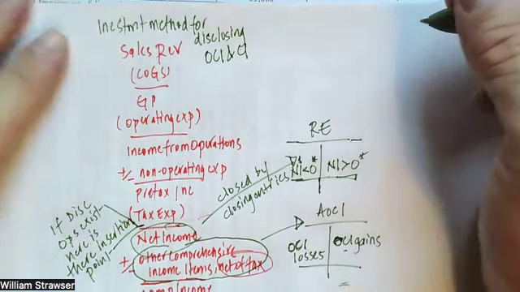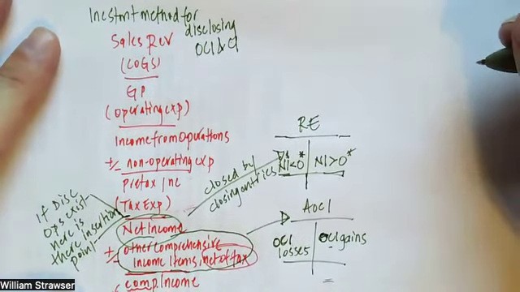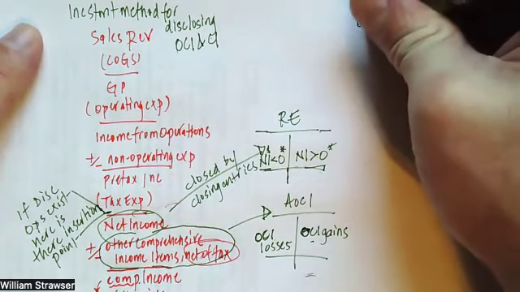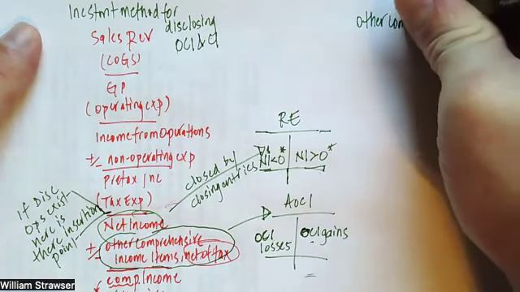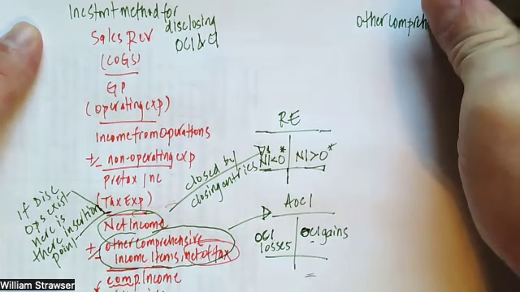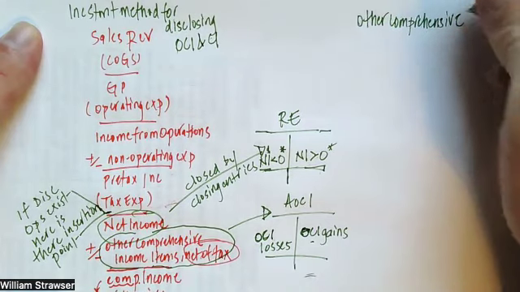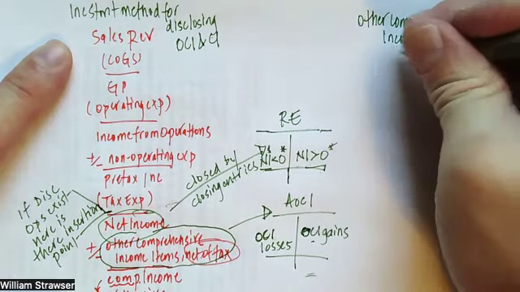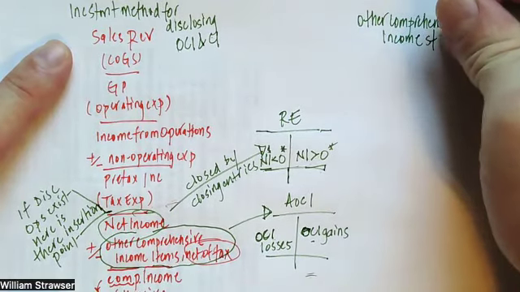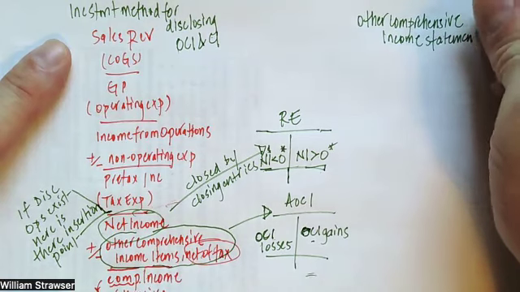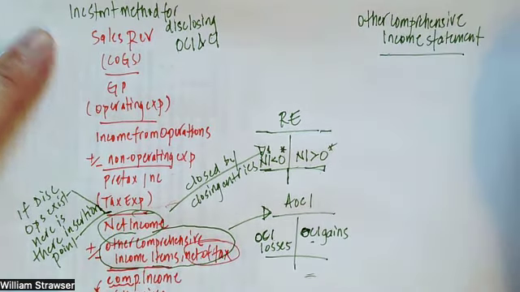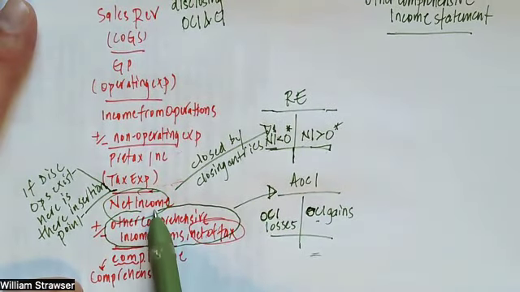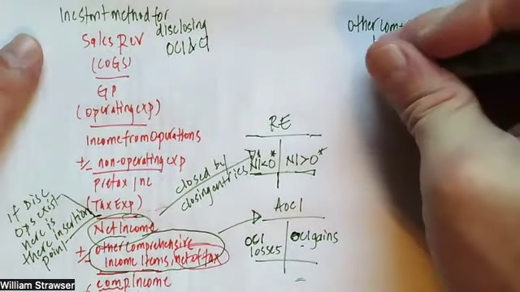The more popular inclusion gets its own other comprehensive income statement, separate from the income statement. Usually it follows the income statement in presentation, where rather than having the entire income statement, we just start with the net income derived from the income statement.